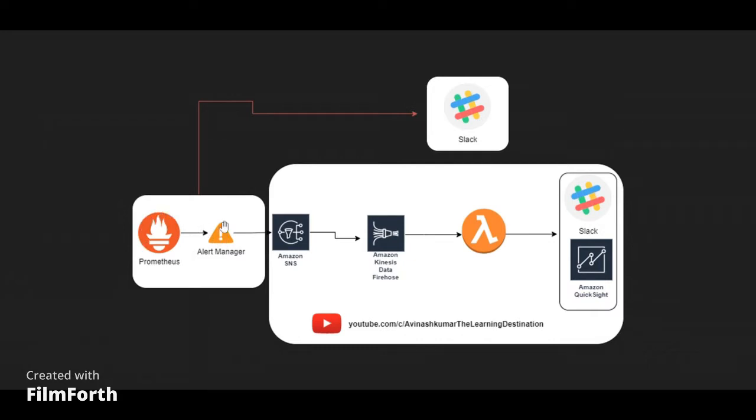It means that they are hosted on a VM, or you can assume that I have configured this part on a third-party platform. From there you need to push the data into the AWS environment. So you can use AWS SNS, then Kinesis Data Firehose, then after that Lambda, and further you can process the metrics to QuickSight. So in what sense is it required?